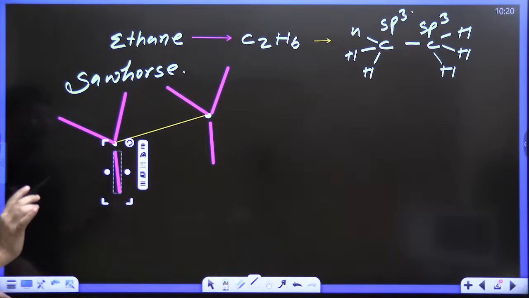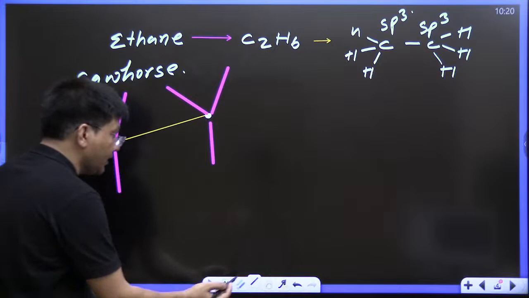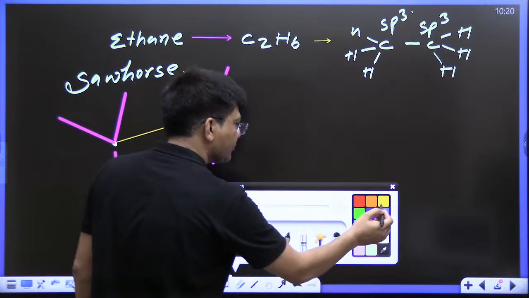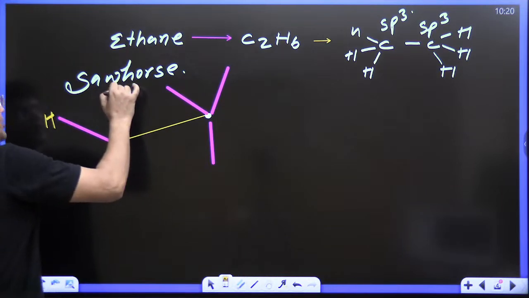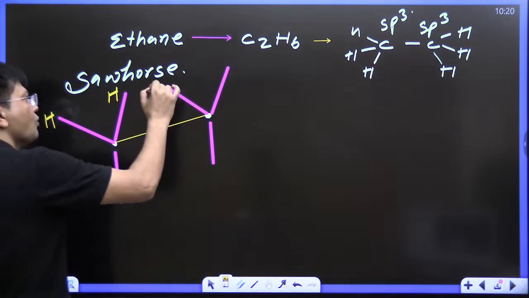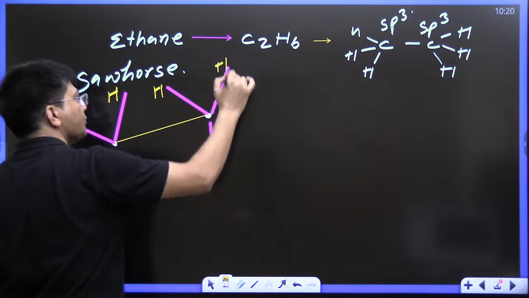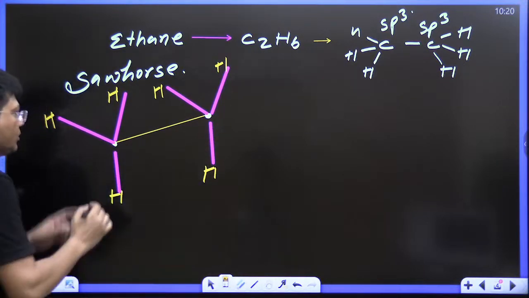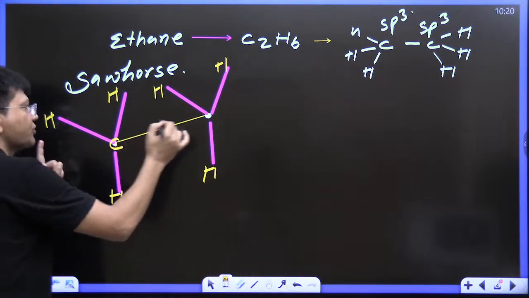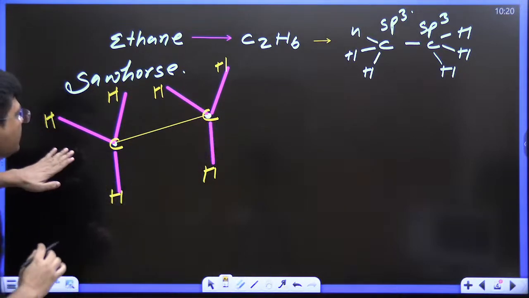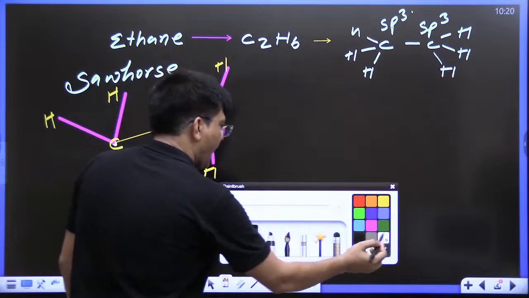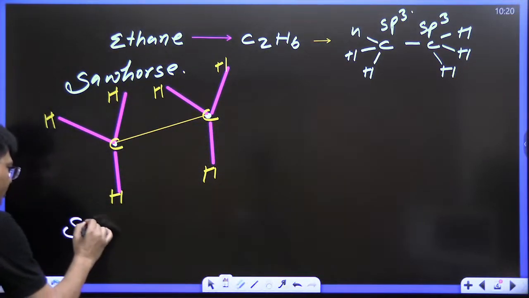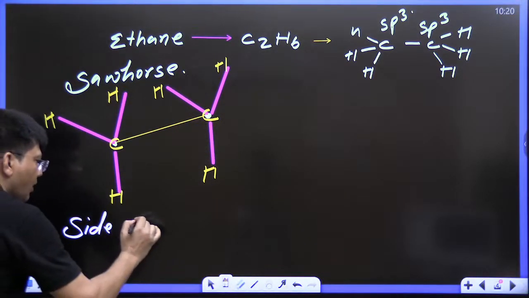Regular Y. And attach hydrogens over here: one hydrogen, second, third, fourth, fifth, sixth hydrogen. Now you see, this is the first carbon, this is the second carbon. This is the side view of the same compound.